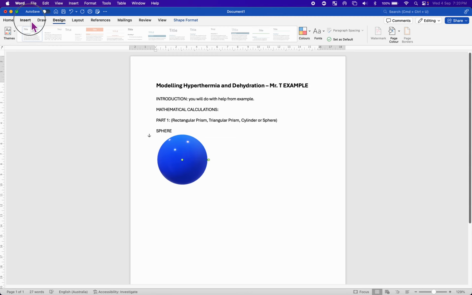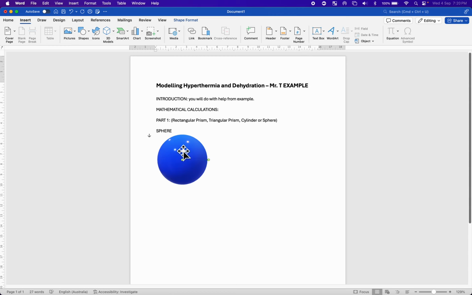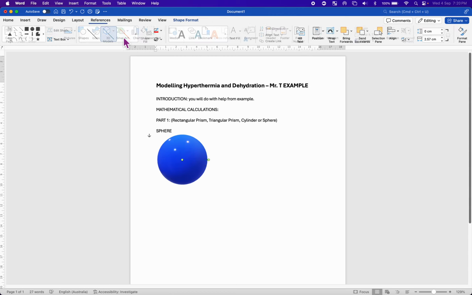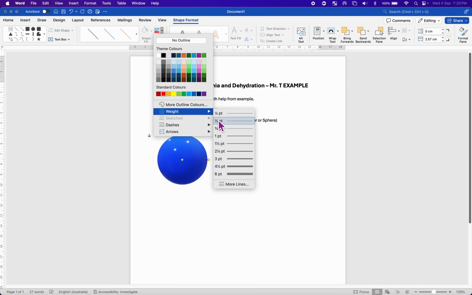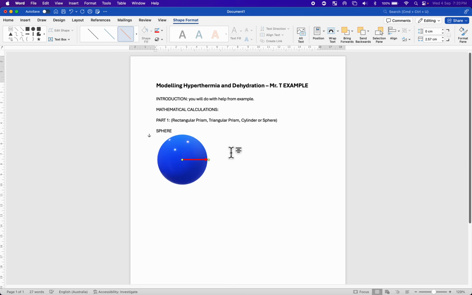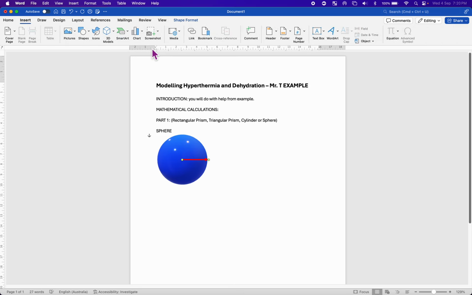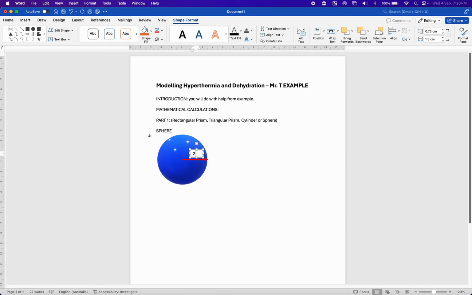So make this full screen to help me. I don't know what shape format, that's it. Make it red, make it thicker, and insert a text box to say that that is 2 centimeters.